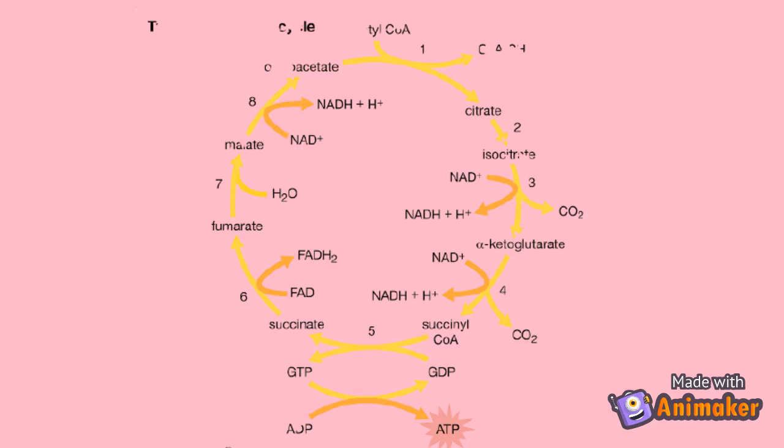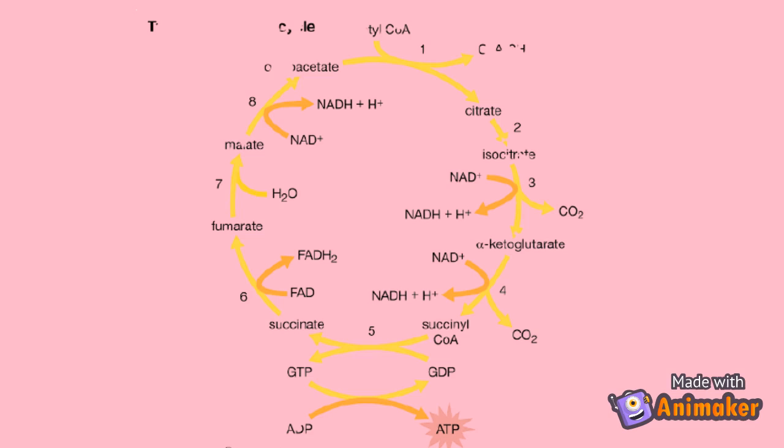Now we will start with the Krebs cycle. By condensation, the acetyl-CoA combines with oxaloacetate, which is a 4-carbon compound, to form citrate, and hence the resulting molecule is a 6-carbon compound. This reaction is catalyzed by the enzyme citrate synthase. The citrate is isomerized into isocitrate by the enzyme aconitase.